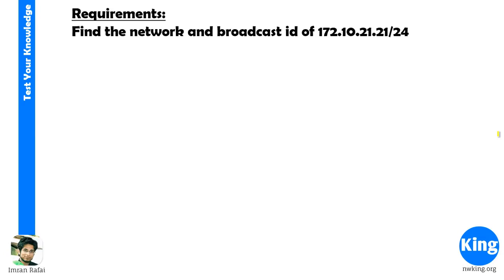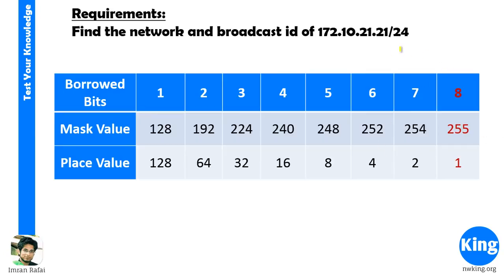By default it is class B, 172. So class B we know is /16. Now in this case it is /24. That means the 8 bits in excess of 16 have been borrowed. If you count /24, the 24th bit comes in the 3rd octet, right?